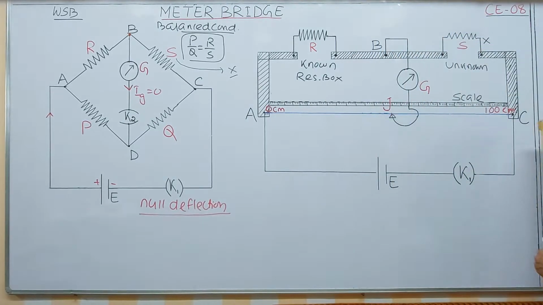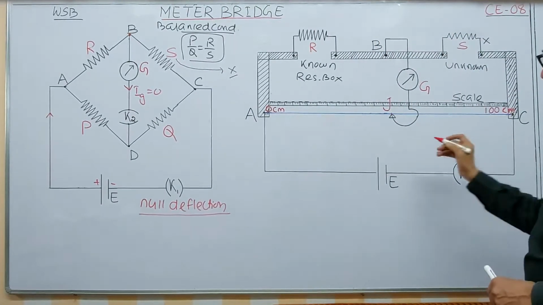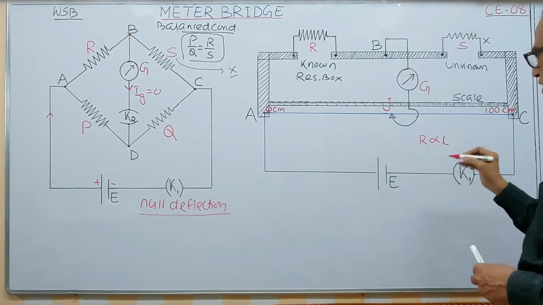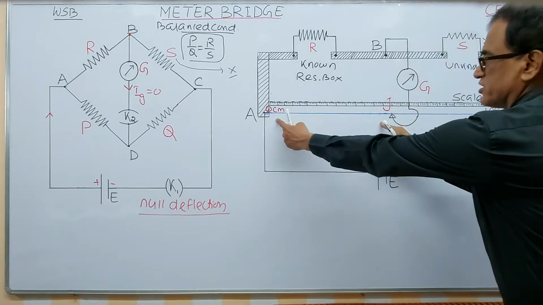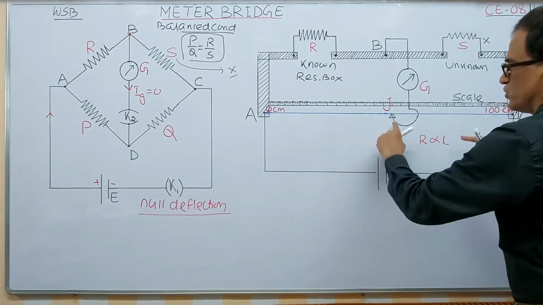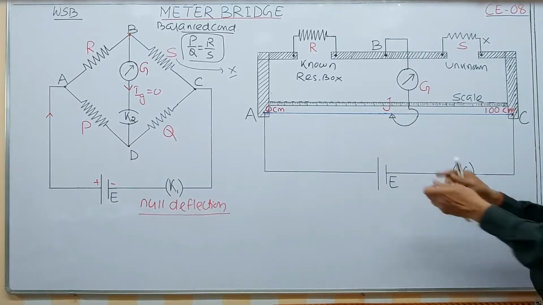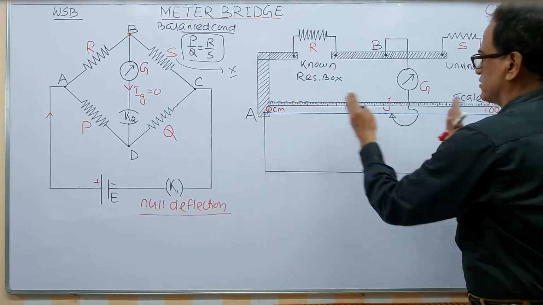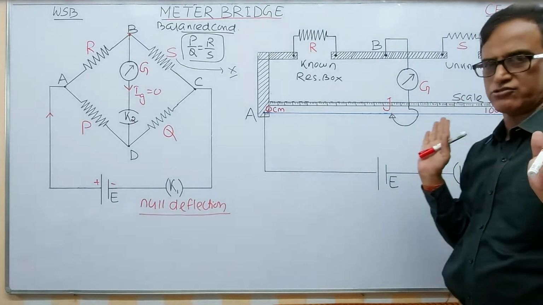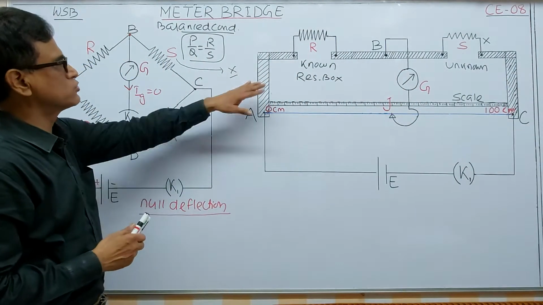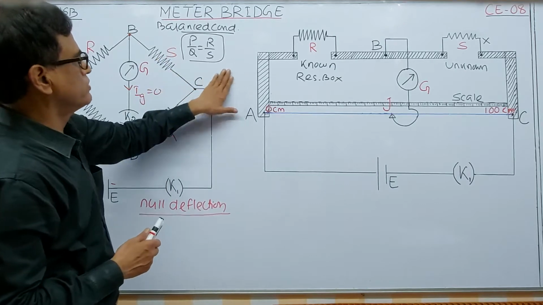And out of that wire, since resistance is proportional to length, by adjusting the length with this key arrangement, in the left hand side we have some length and in the right hand side we have a certain length. So it is the length that we take as the resistance, nothing else. Let me compare these two circuits first, removing this one.